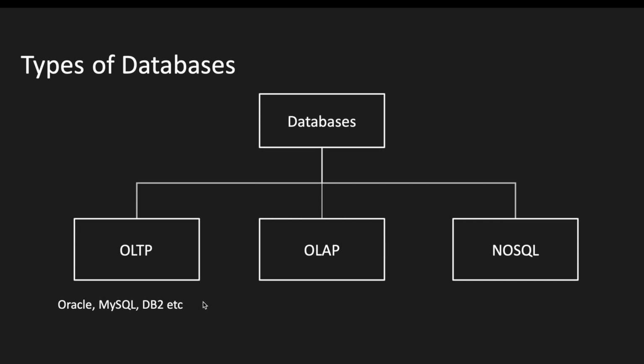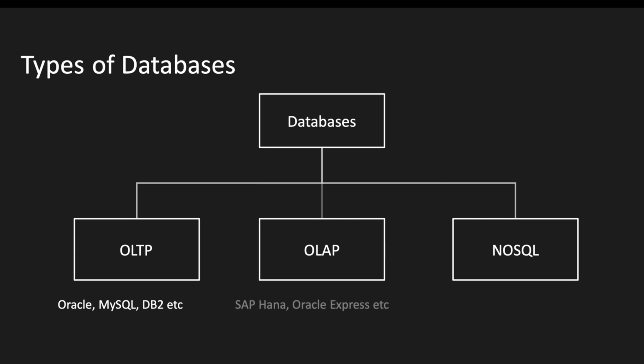OLAP is an online analytical processing database. These databases are capable of handling complex queries. OLAP systems are designed to be used by data scientists and business analysts, and they support business intelligence.